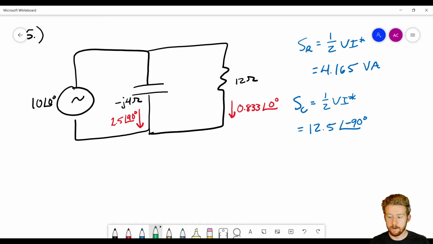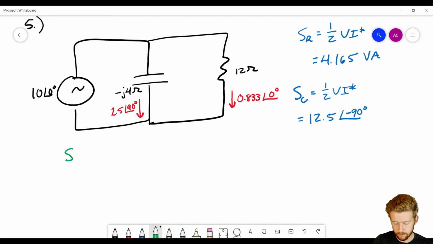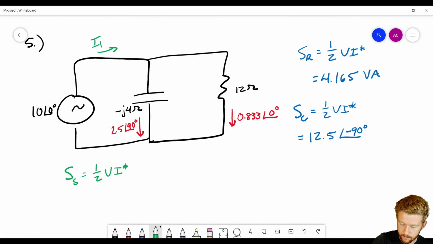Let's calculate the apparent power for the source now. Okay, so for the source, this is going to be, oh, sorry, getting ahead of myself. So this is 1/2 V I conjugate. We know V is 10 with an angle of 0. Let's calculate I total, so I_T. That's going to be 2.5 with an angle of 90 plus 0.833 with an angle of 0.